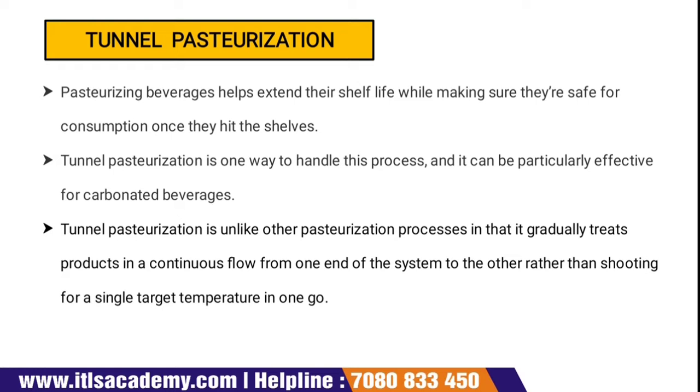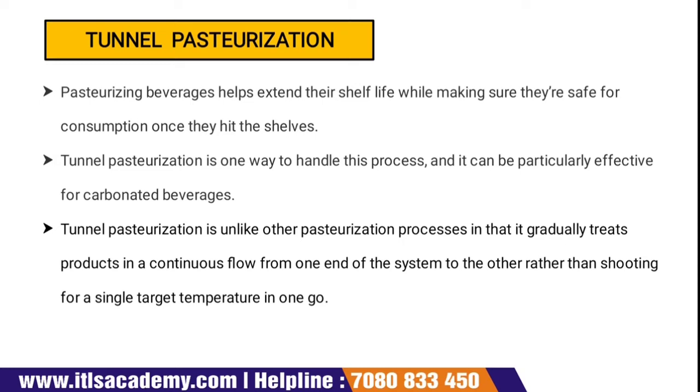So basically the aim or principle of tunnel pasteurization is to extend the shelf life, just to inhibit the growth of microorganisms, and this process is one of the best or most effective processes for any carbonated beverages. So how are they working?